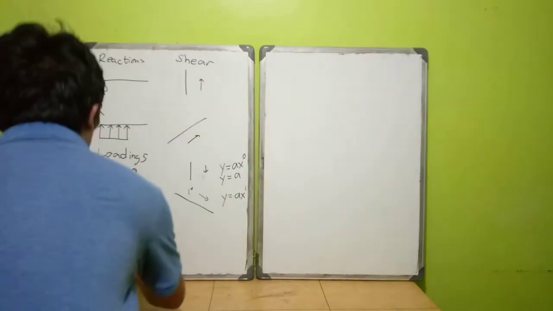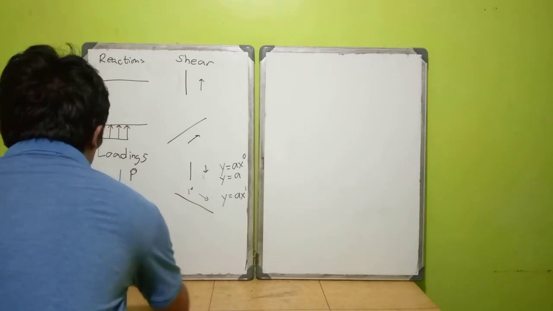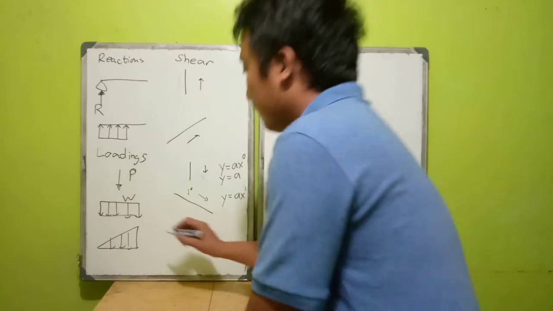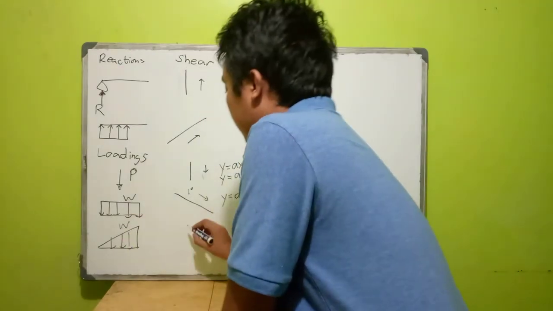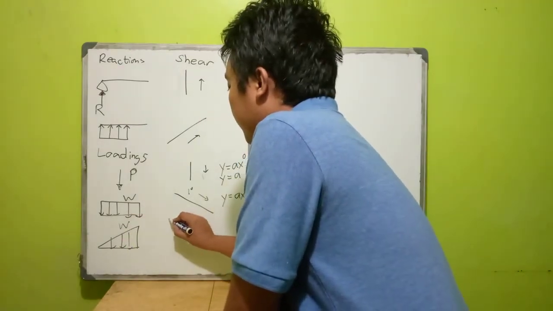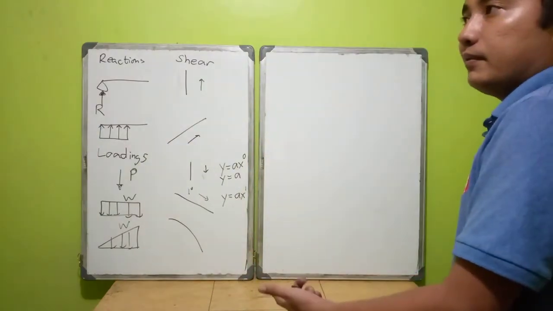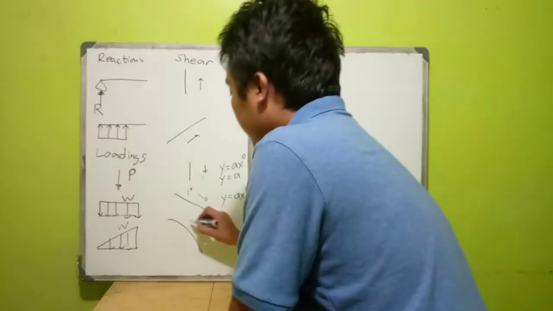What about if it is a triangular load, W? The stroke of its shear in your shear diagram will be 2 degrees, like this.